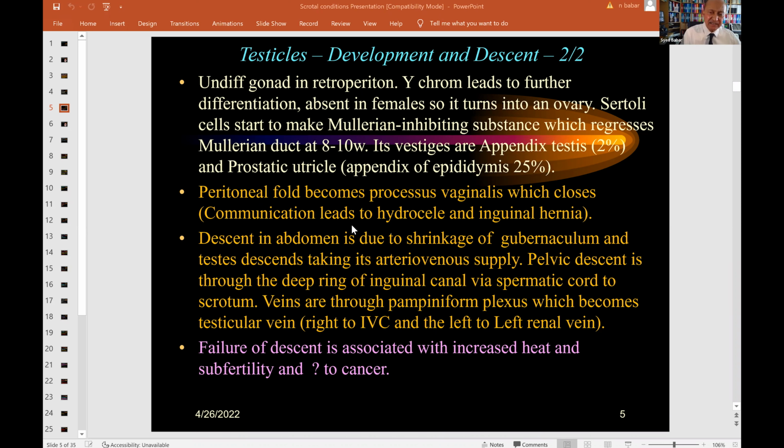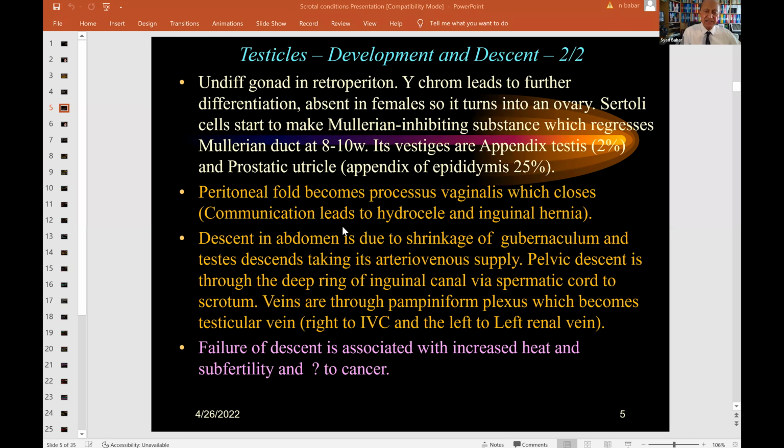And as the testicle descends from the retroperitoneal suprarenal position, it drags with it its blood supply, which is an arterial supply, the testicular artery from the abdominal aorta. And the veins which go up result in a conglomerate called the pampiniform plexus. On the right side, it opens up into the inferior vena cava.